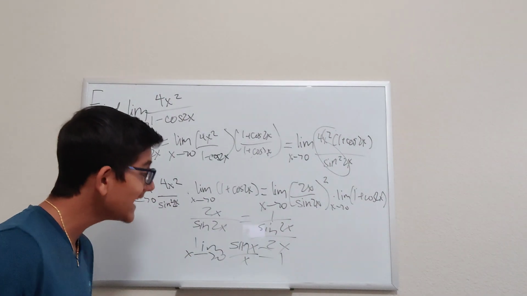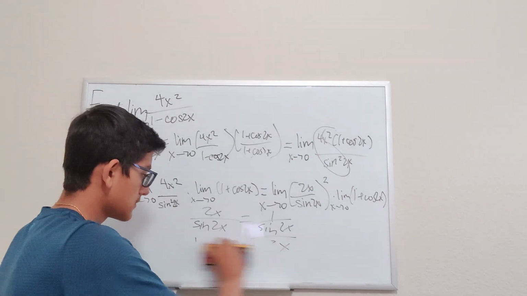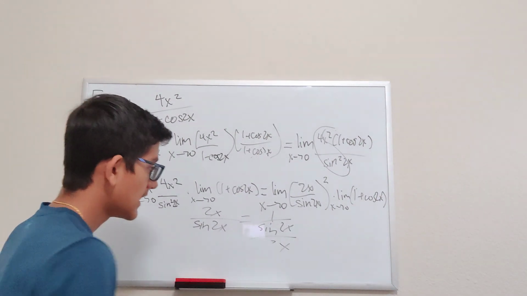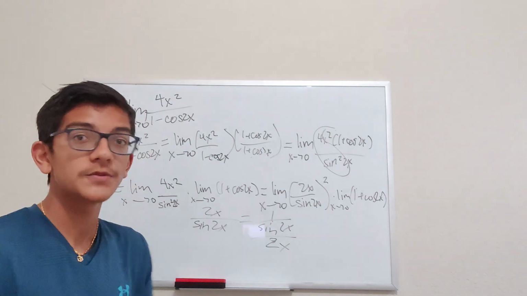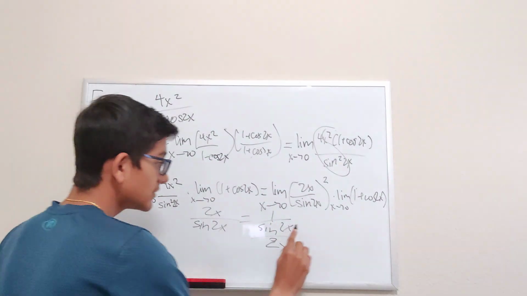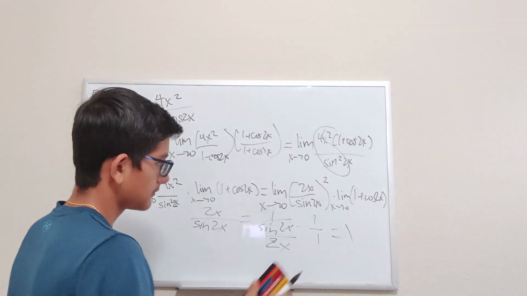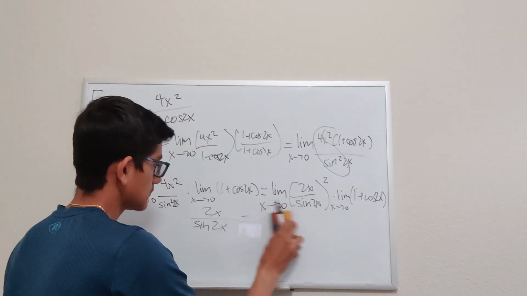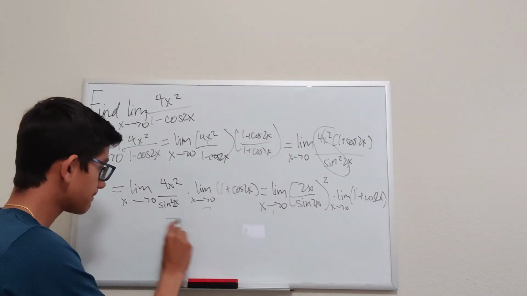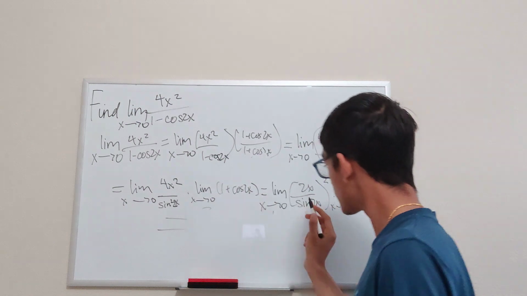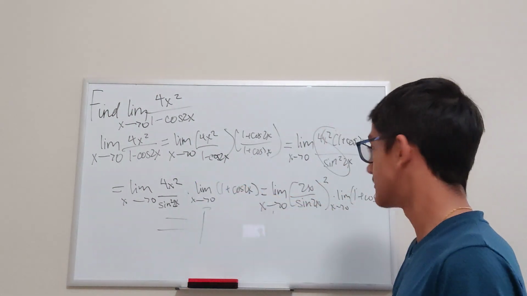So since we know that sine x over x as x approaches 0 is 1, then sine 2x over 2x will also just be 1. So this is also just 1 over 1, and 1 over 1 is just 1. The point I'm trying to make here is that this whole thing can be written as 1.